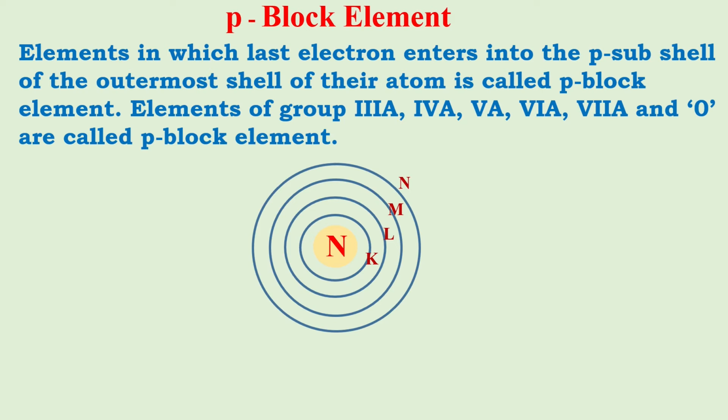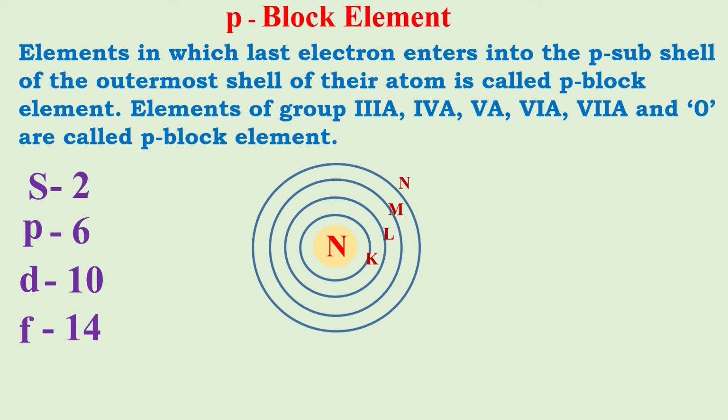Now each of these cells has subcells, and these subcells are named s subcell, which can hold 2 electrons, p subcell that can hold 6 electrons, d subcell that can hold 10 electrons and f subcell that can hold 14 electrons. It means cells have subcells named s, p, d and f, and each can hold a definite number of electrons.